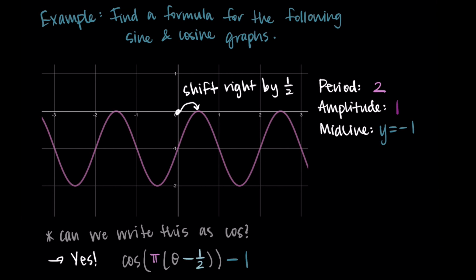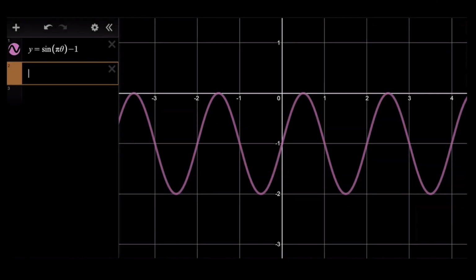So we can write this as cosine of pi times theta minus 1/2, all minus 1. So we're starting with cosine, we're changing the period, we're shifting it to the right by 1/2, and then we're moving it down 1. I think this is a little more difficult to see, and it can often be hard to know exactly what the phase shift is, so I'd say use whichever one is easier, but just know you have a choice. Let's look at these on Desmos and feel confident that we did it correctly.